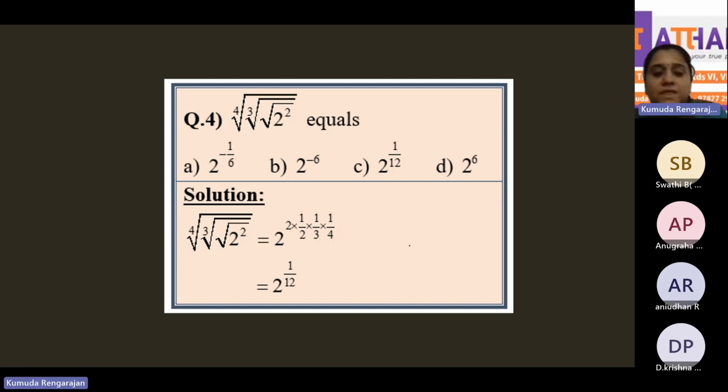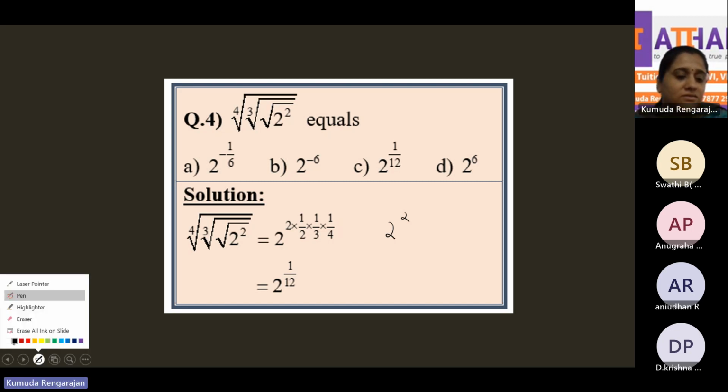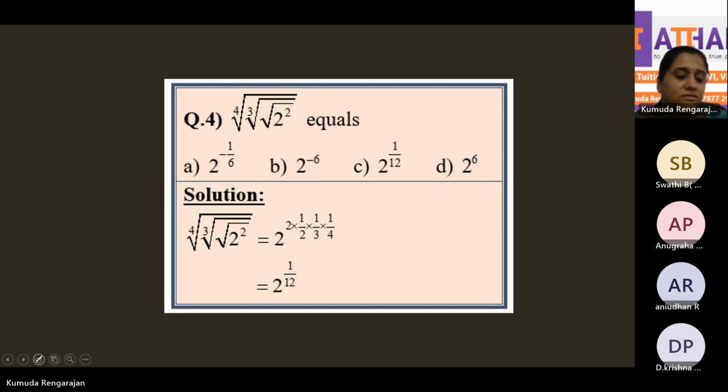Sorry about this. 2 square. Then it's actually like this. When you remove this one, it will be this one whole power 1 by 4. Then when you remove this one, it will be the whole power 1 by 3. Then when you remove this one, it will be to the power 1 by 2.